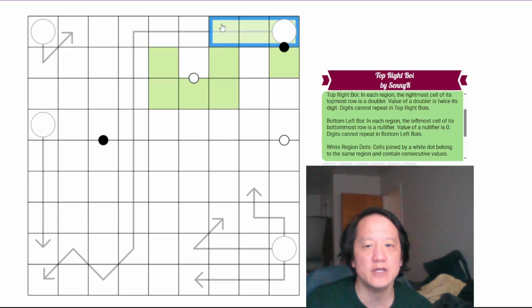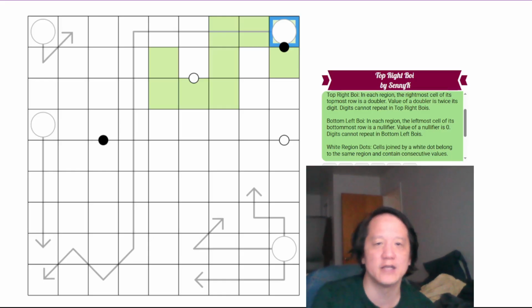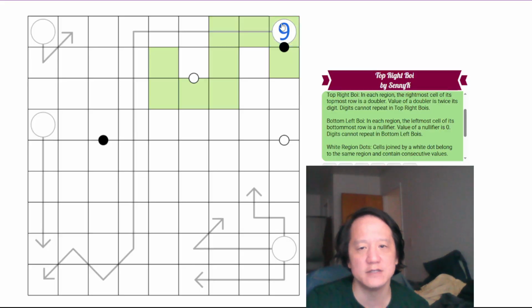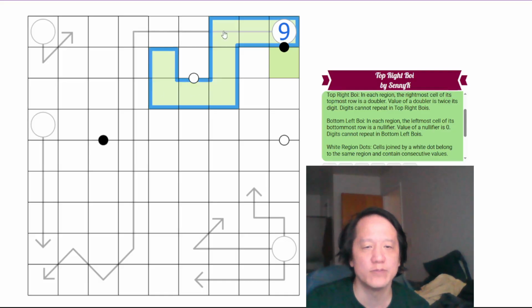So in this example region, the rightmost cell of its topmost row is this cell here, and that's a doubler. So the value of this cell would be doubled. So if we had a 9 here, the value of that would be 9 doubled, right? Which is 18. So that's an example of how top right boys work.